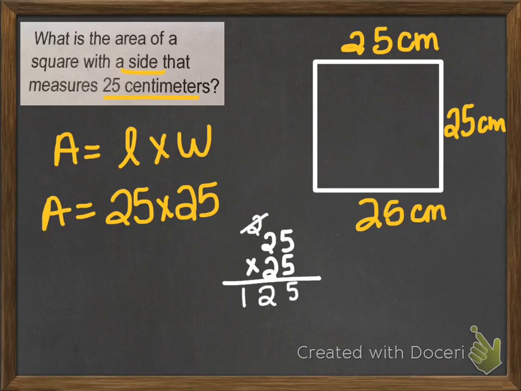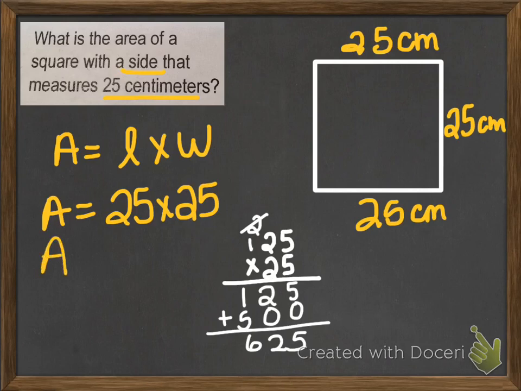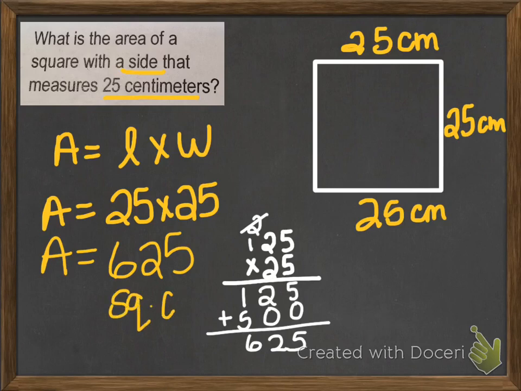I'm done with that. Now I'm going to drop a 0 and multiply. 2 times 5 is 10. And 2 times 2 is 4, plus 1 is 5. At this point, I would add 5, 2, and 6. So the area of this square is equal to 625 square centimeters.